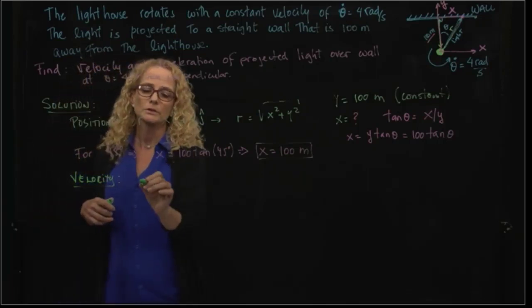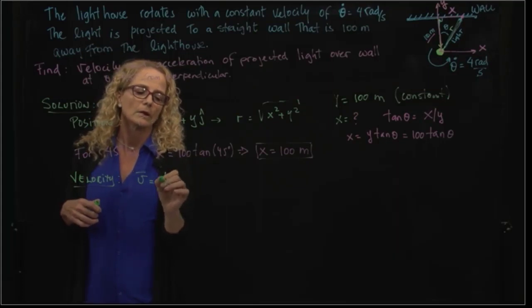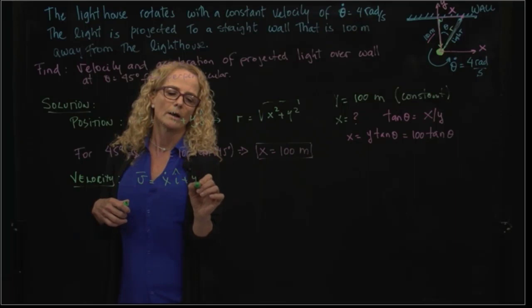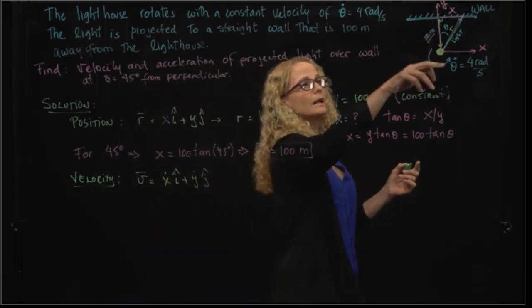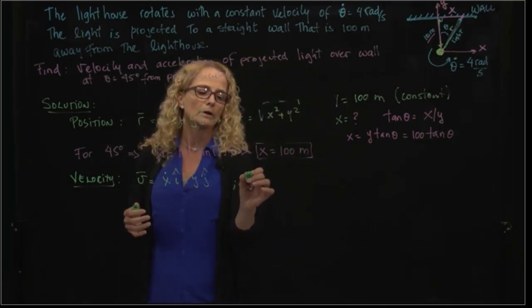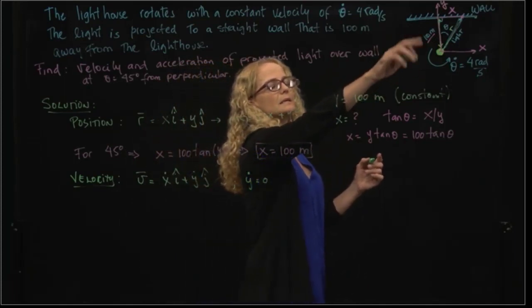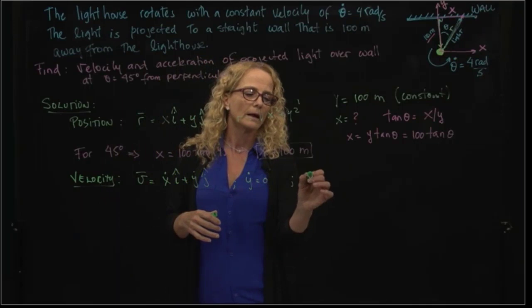The same as the position, our velocity will be, in terms of a vector, x dot i plus y dot j. But we know that our y never changes, so y dot is 0 because our distance is constant. Then we have to find x dot.